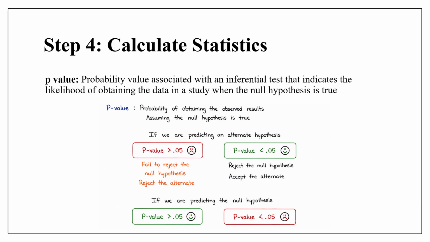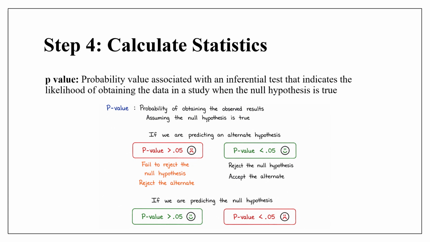So here again, I have my written notes, and I've written down whether you would be happy or sad as a researcher if you have a p-value that is greater or smaller than 0.05. But this is going to depend on the type of hypothesis that you are predicting.